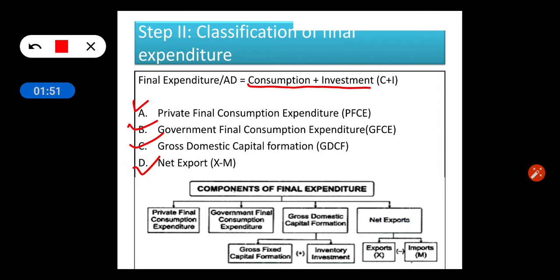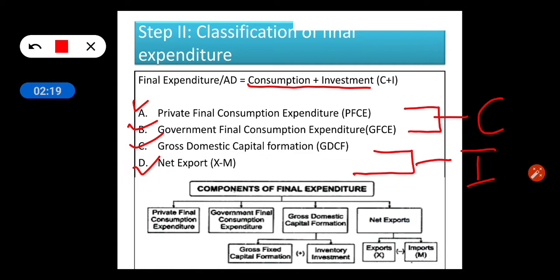Okay, so your private final consumption expenditure and government final consumption expenditure are consumption expenditure, and your gross domestic capital formation and net export are your expenditure on investment. So gross domestic capital formation is your investment made in the domestic territory.